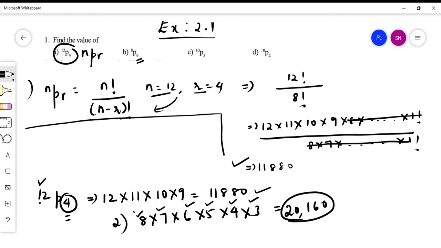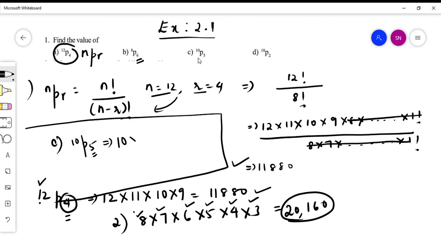Again, if you want, you can even do it using the formula method. Okay, so the last question I will teach you again using the formula method. Let's come to the third subdivision, the C part. I have 10P5. Now this 10P5, again the suffix is 5. So I will reduce this 10 5 times.